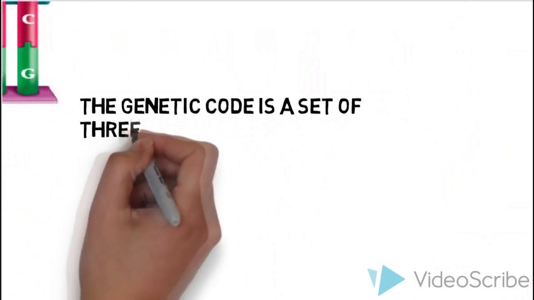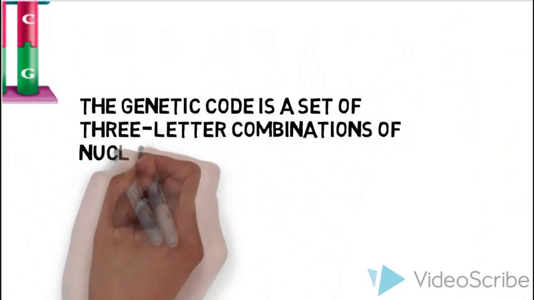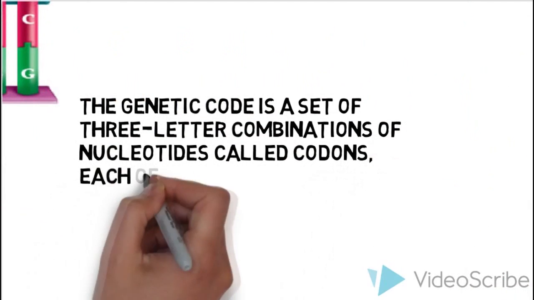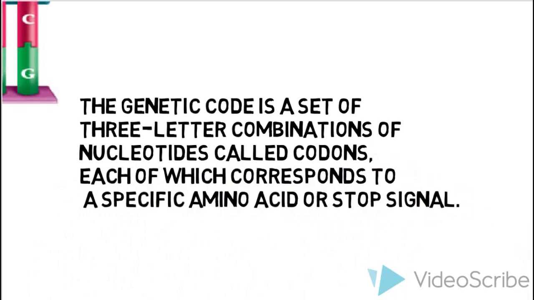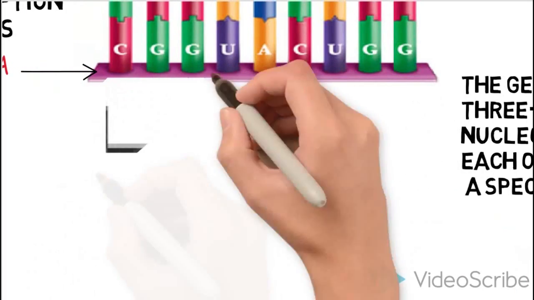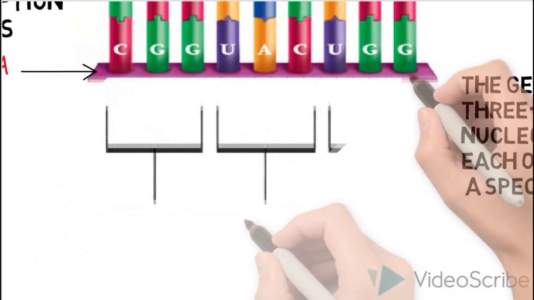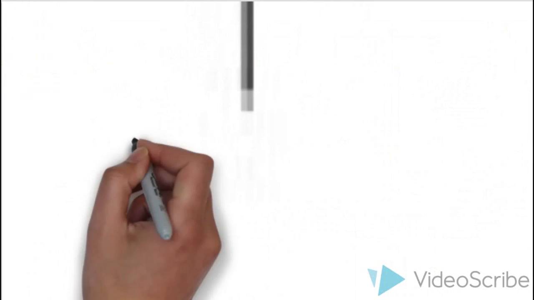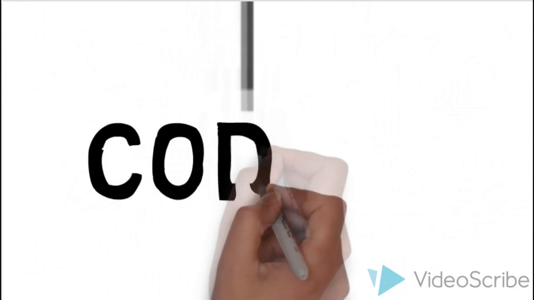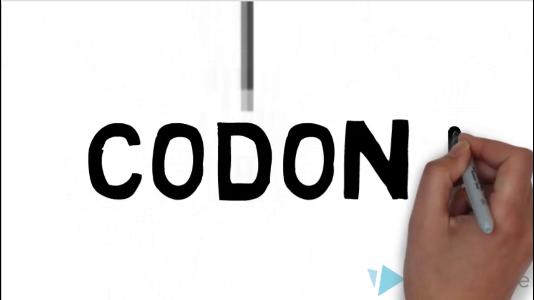The genetic code is a set of three-letter combinations of nucleotides called codons, each of which corresponds to a specific amino acid or stop signal. You see codons. From 3 nucleotides we take 1 codon. So it's the first codon.